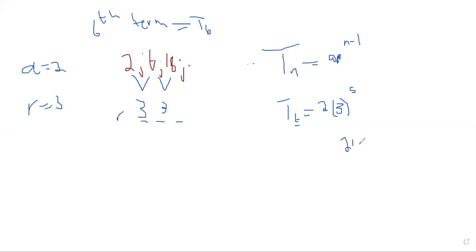So it's 243 multiplied by this 2. That is what term 6 is. So term 6 is 2 multiplied by 243, which is 486. That is the correct answer.